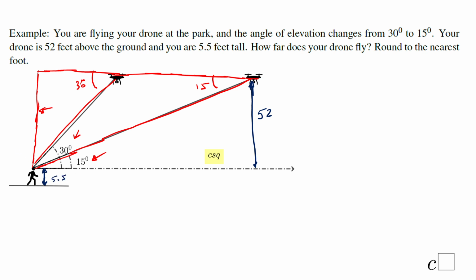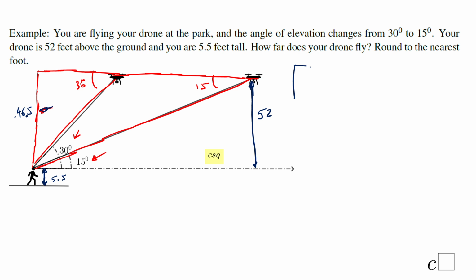We do this subtraction to get this segment. We have to do 52 minus 5.5. And I end up with 46.5. So that is this leg of this two triangle, 46.5.